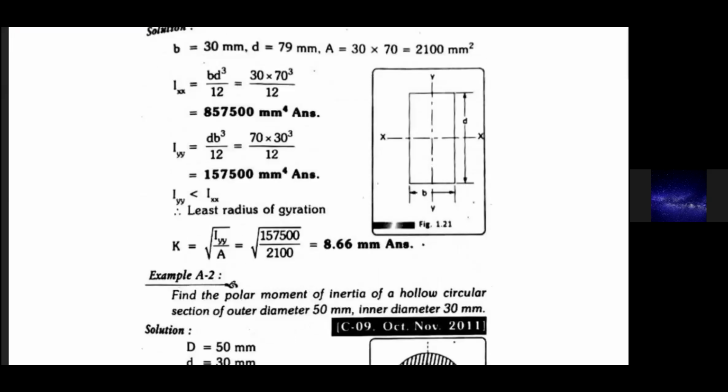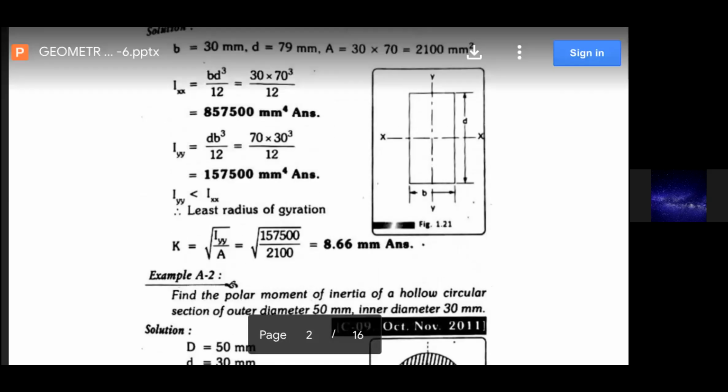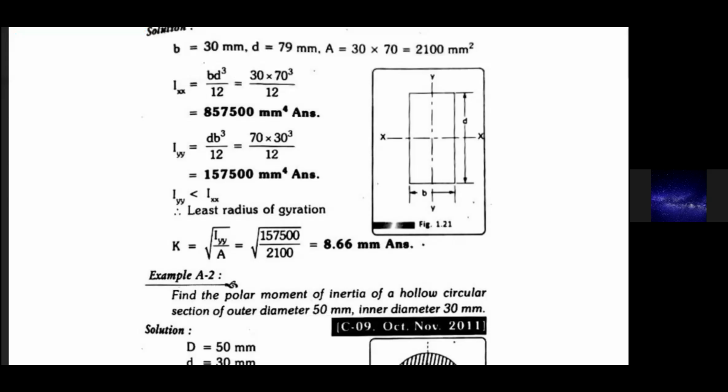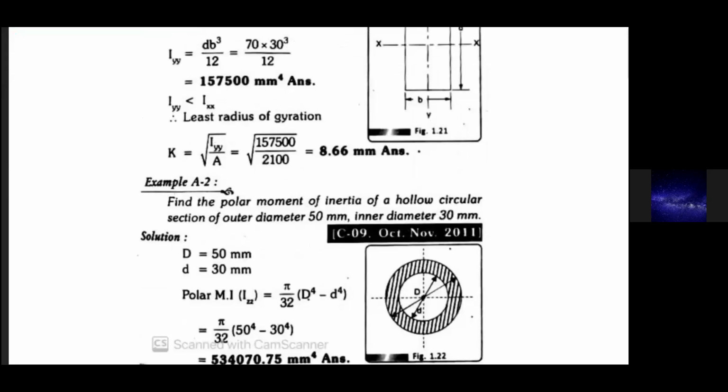So k is equal to under root Iyy by A. Substitute the values: 157500 by 2100, we will get 8.66 mm. So like this, we find the moment of inertia and radius of gyration.